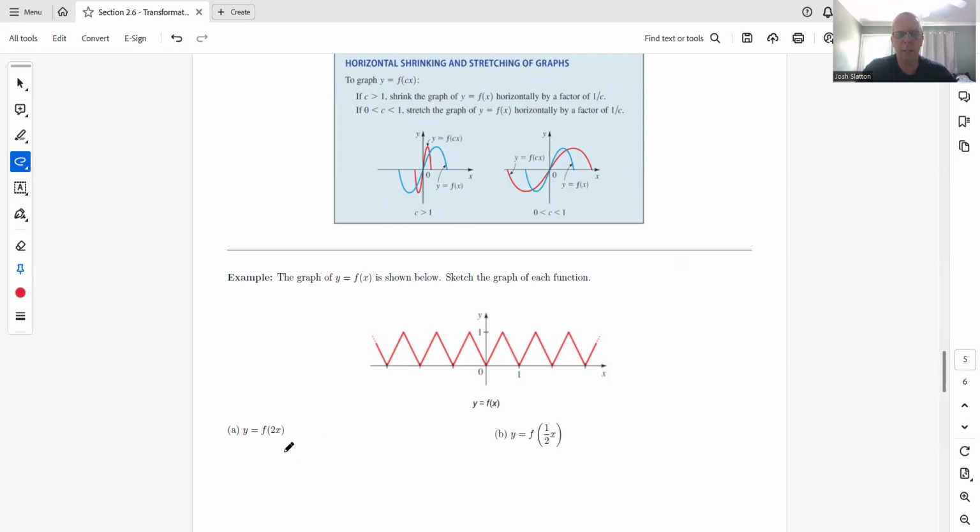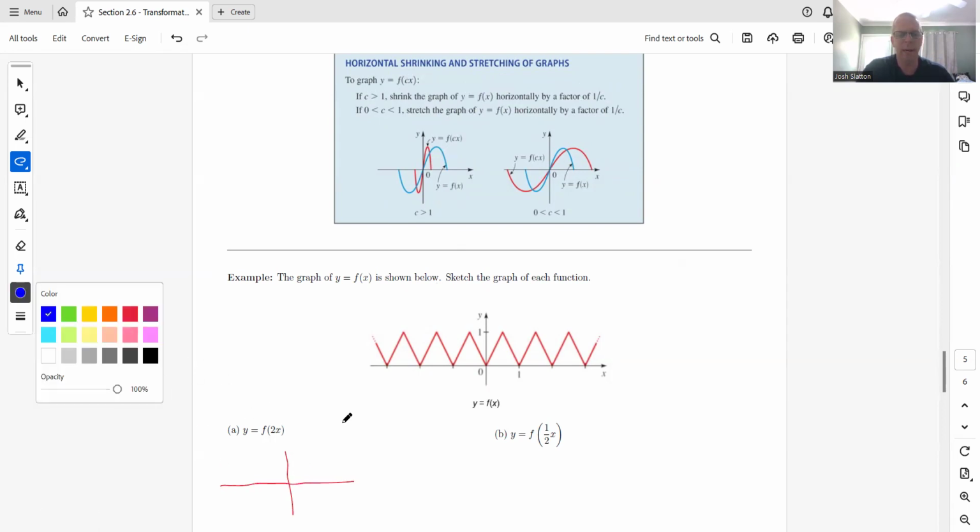So if we look at this, this won't be exact, but we'll put a 1 here and a -1 here just for perspective, because the original one is 1 there. And so c is greater than 1 here, so we are going to horizontally shrink it.